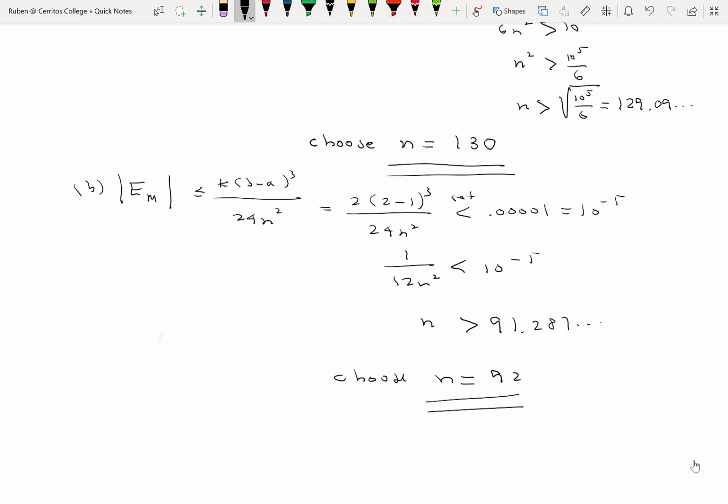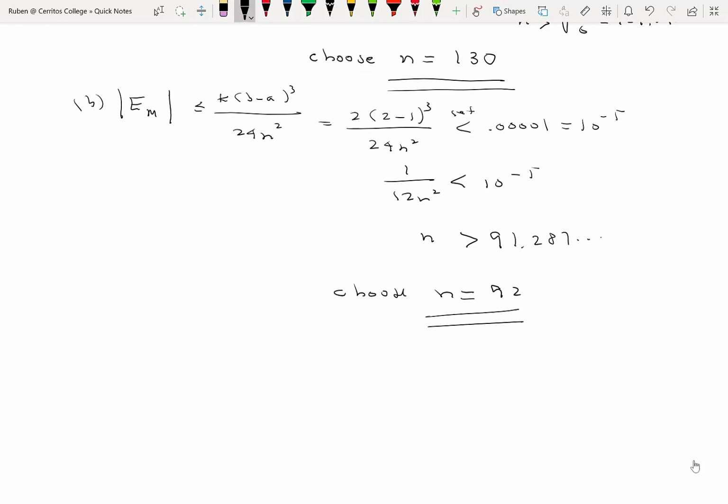Now the really surprising result. Let's do the same thing with Simpson's rule. The magnitude of the error using Simpson's rule is no bigger than the Simpson's rule constant. It's a different k than for midpoint or trapezoid. k times (b minus a) to the fifth over 180 n to the fourth. Now the value for k for Simpson's rule, I made a mistake and said 25, remember I corrected my mistake.